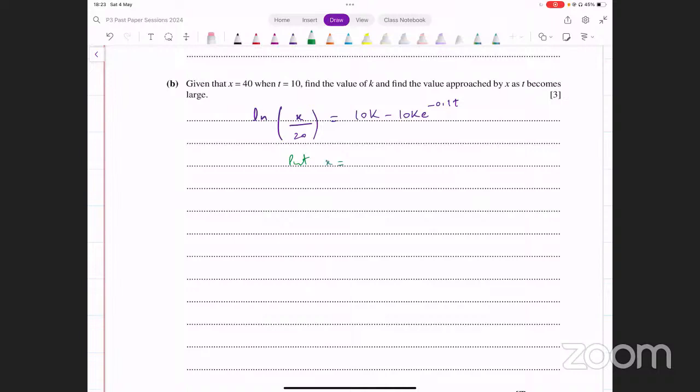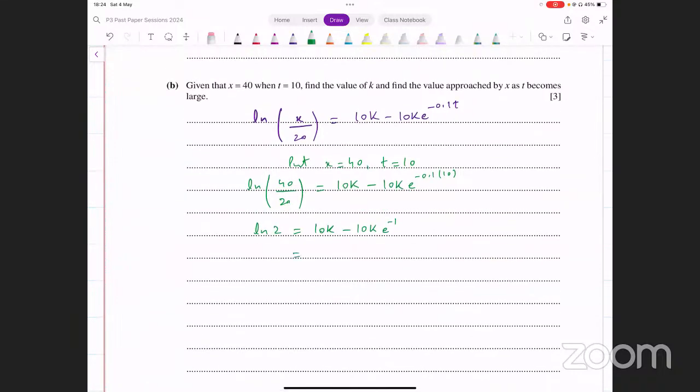So we say put x equals 40 and t equals 10 and see what that gives you. That gives you ln of 40 over 20. That equals 10 times k minus 10 times k e raised to power minus 0.1 into t, which is 10. Now let's simplify this. It becomes ln 2 equals 10k minus 10k e raised to power minus 1.